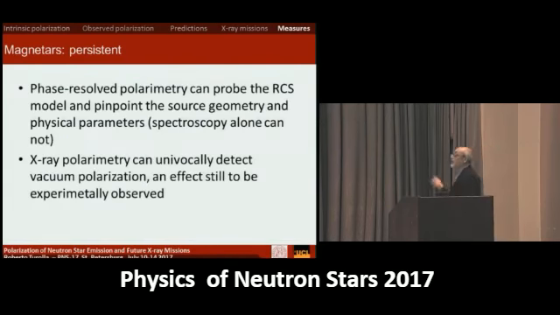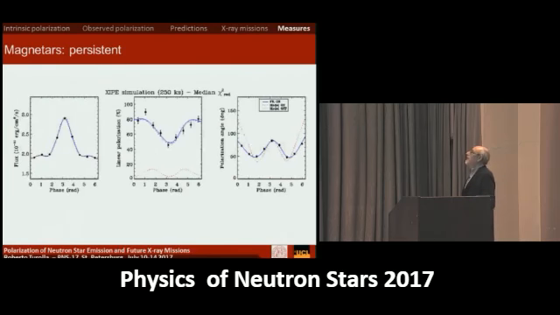Second very important point is that X-ray polarimetry can univocally detect vacuum polarization, which is very important because this effect is still to be experimentally observed, although there are attempts in the lab to measure delta n. Let me say that X-ray polarimetry will not measure the difference in the refractive index. It will just tell us that the refractive indices are different. Okay, so I come back with the same picture as before. Pardon me, but this should be referred to IXPE, not XIPE.